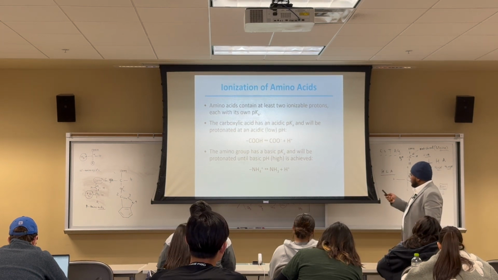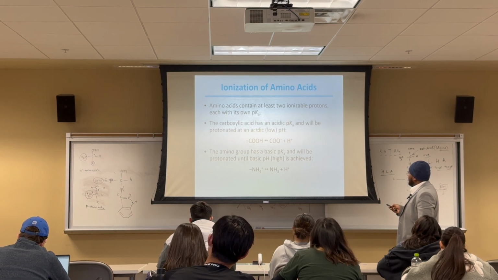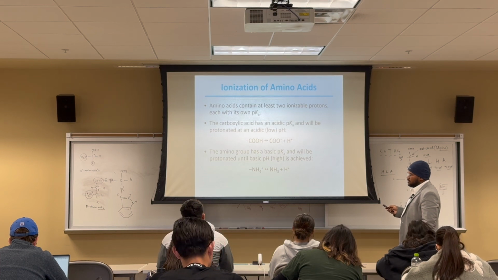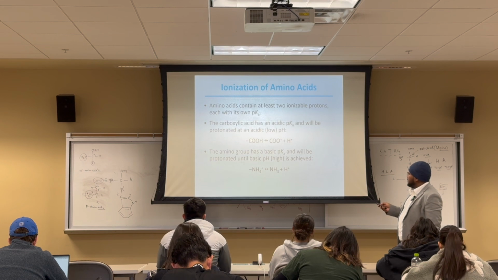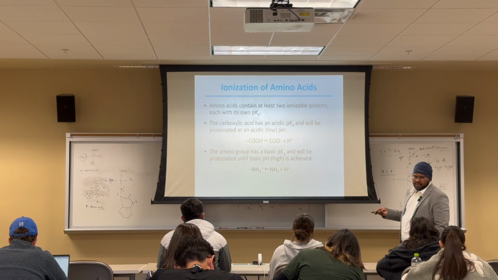The carboxyl group will be protonated if present in low pH. Low pH means highly acidic, right? Highly acidic means they must have released H plus. High pH means basic, right?